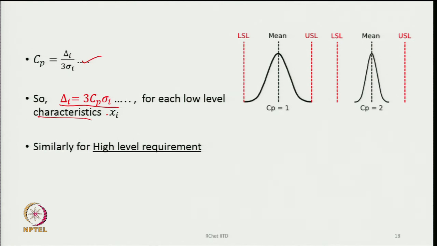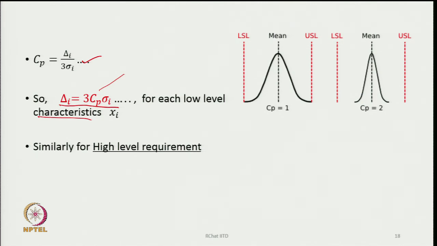That means the tolerance of a lower level characteristic, which is Xi, is connected to the Cp value of the process, that is, the capability of the process. Can the process really give me so much tolerance or not?